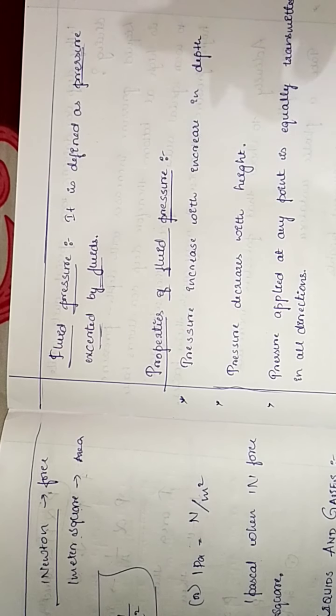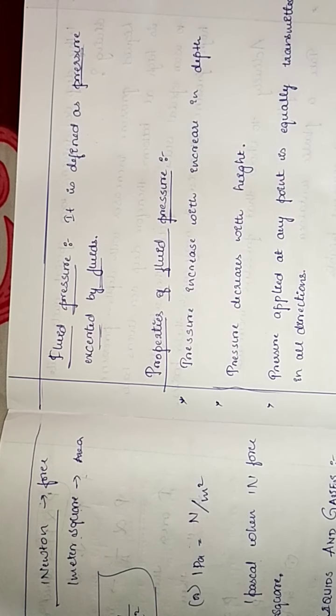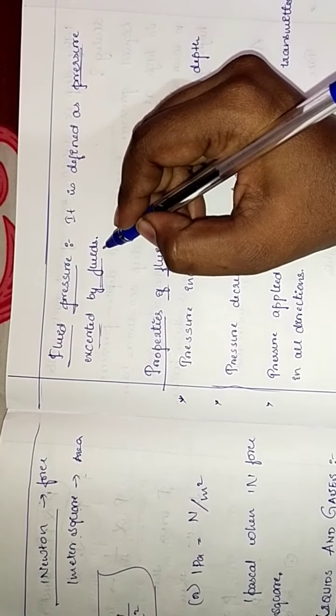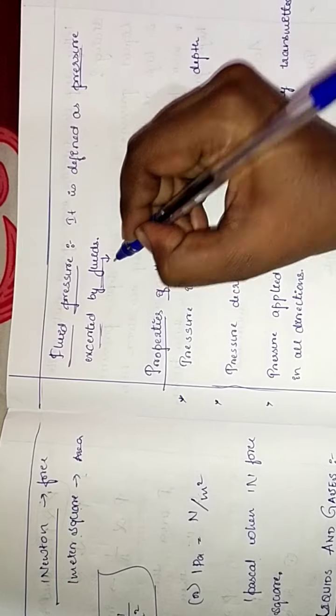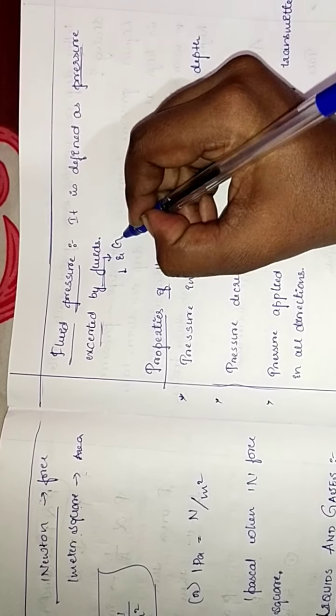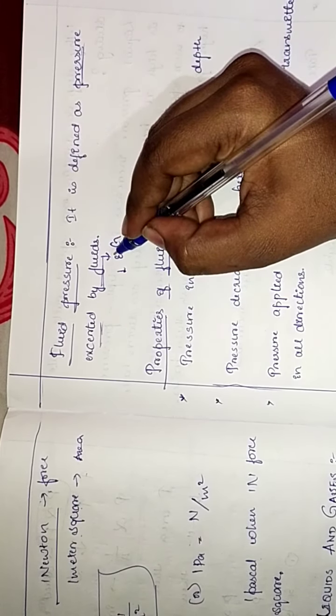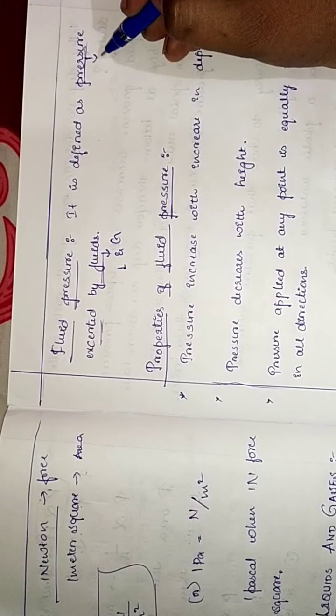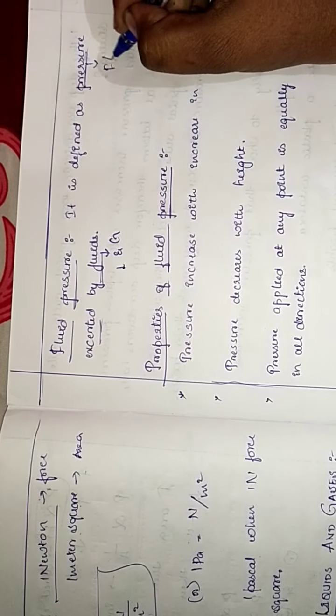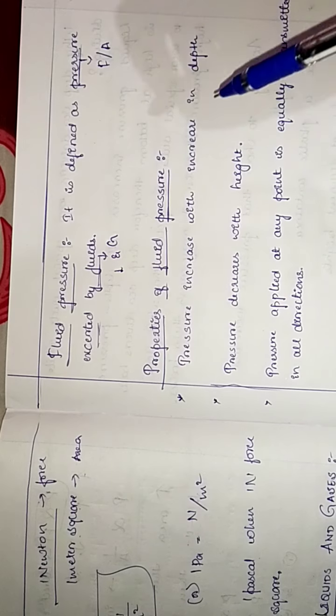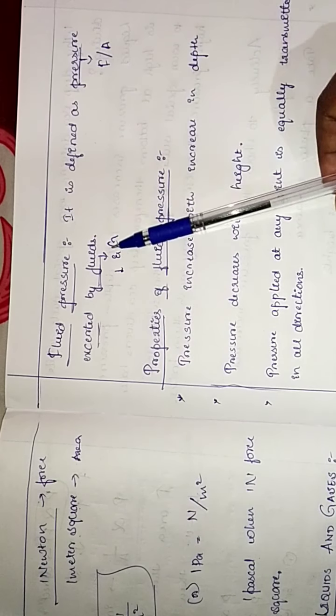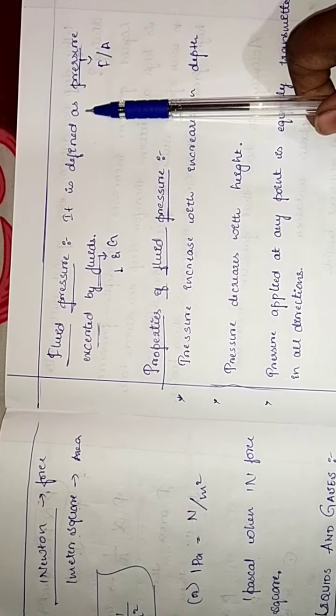Fluids exert some pressure, that we call fluid pressure. So fluids means nothing but liquid and gases, and they too exert pressure. Pressure is nothing but force by area. Got it, children? Fluid pressure means fluids exert some pressure.